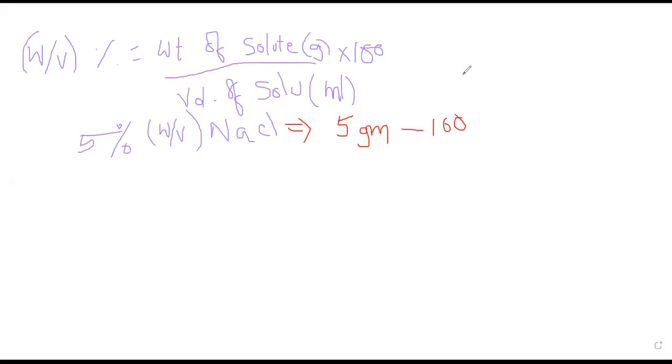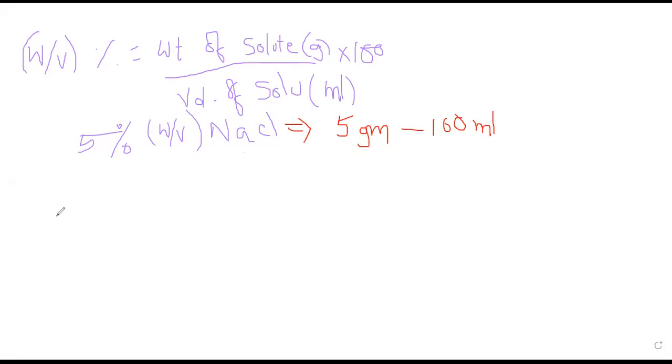In weight by weight percentage, we took the sum of the weights of solute as well as solvent in the denominator. But here, 5 grams of NaCl is dissolved in 100 ml of solution. That is the meaning of 5% of NaCl. Therefore it is 5 by 100 into 100 again.